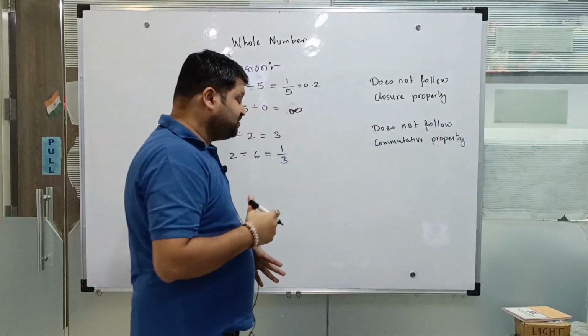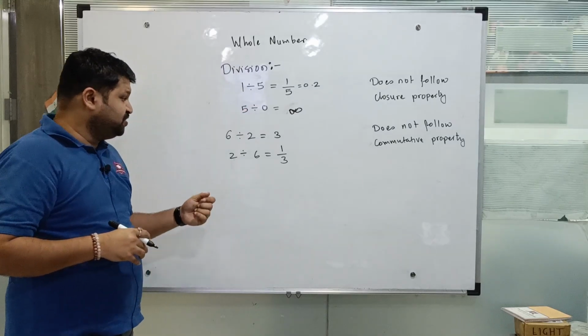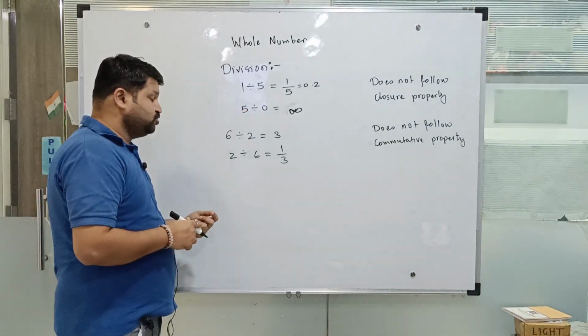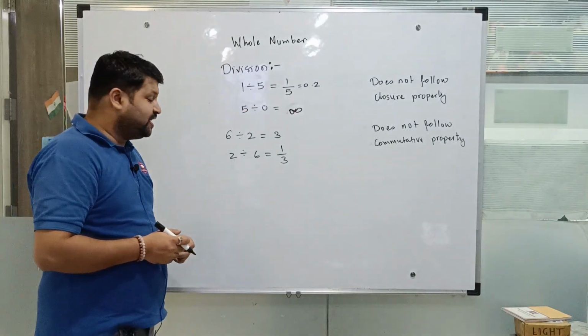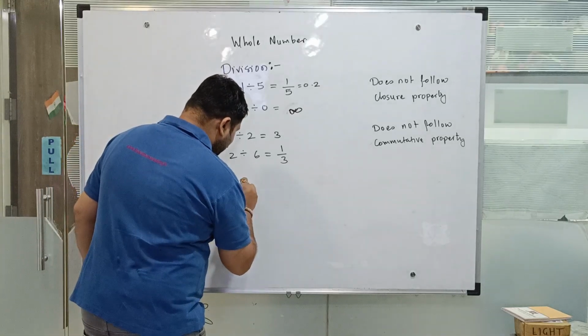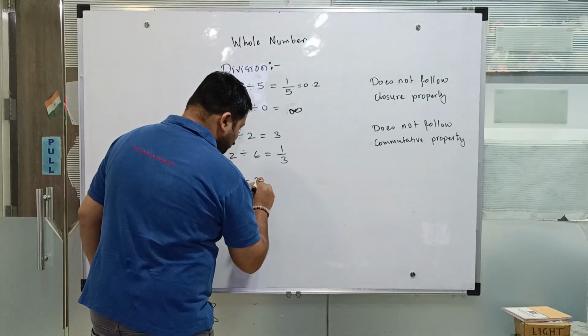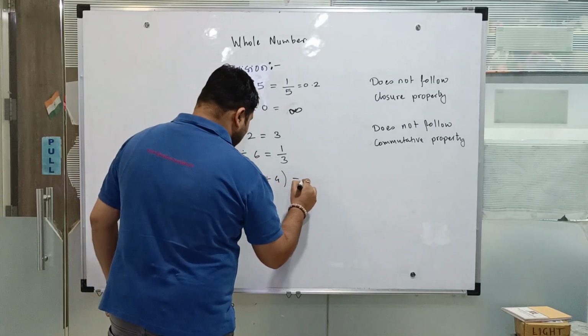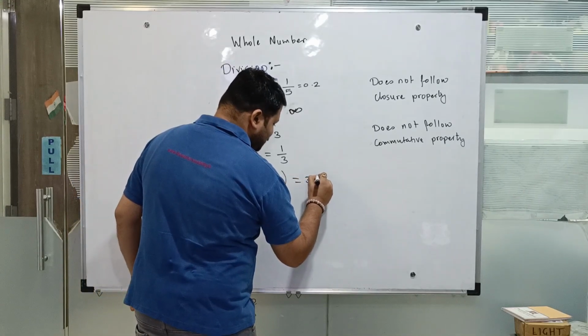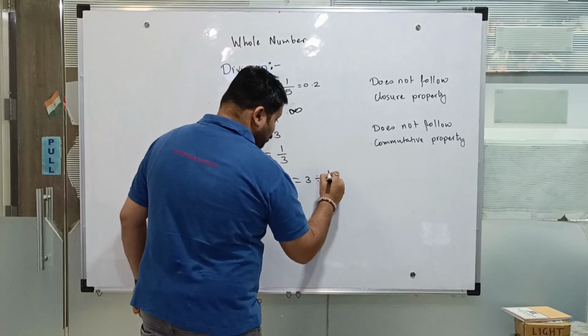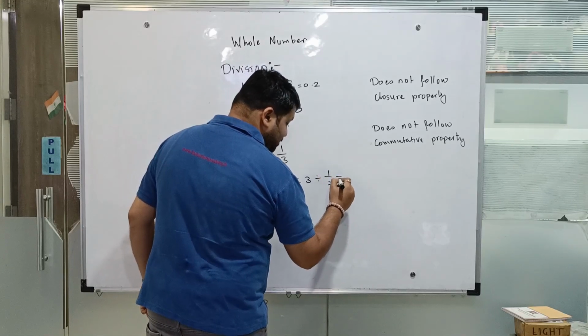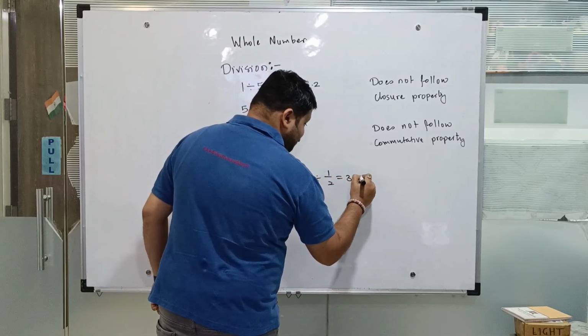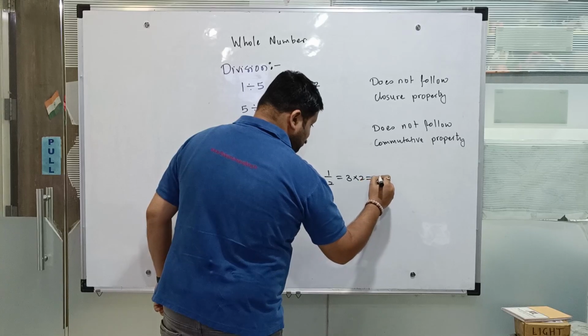Now what happens if we do it in groups? Suppose we have 3 divided by 2 divided by 4. If we group them like this, I'd get 3 divided by 1 by 2, so that would be 3 multiplied by 2, which equals 6.